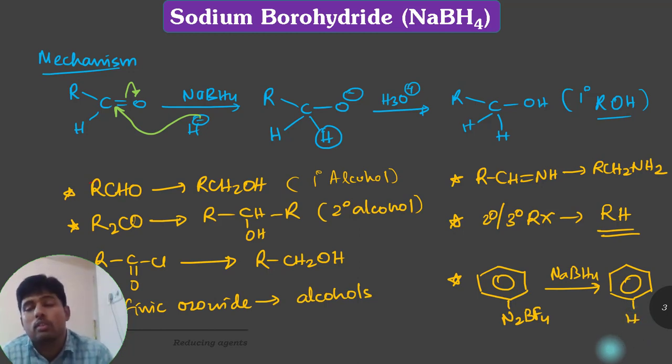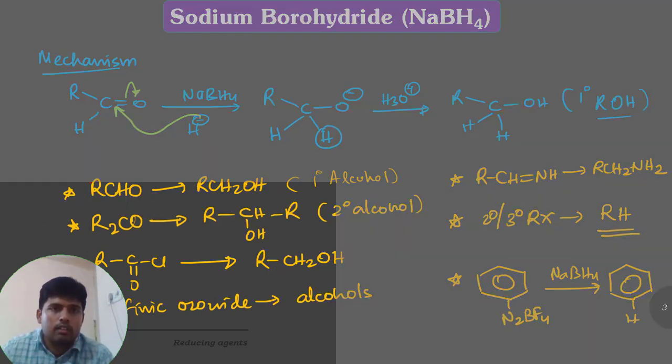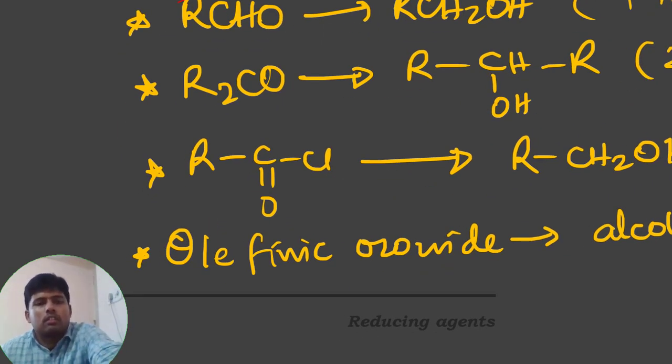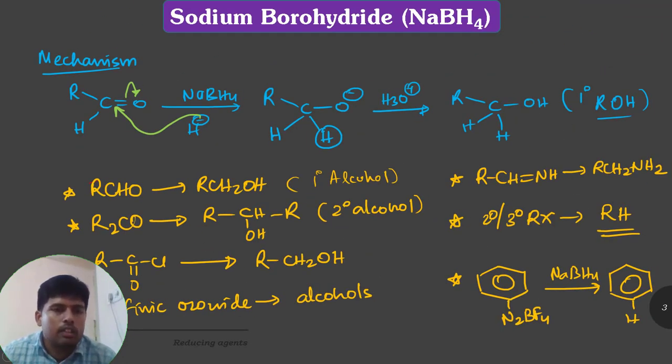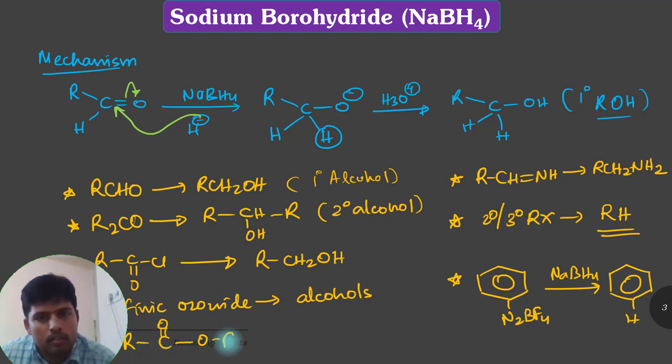Apart from all this, there is one more reaction, that is ester. This NaBH4 can also reduce ester to alcohol, but that requires the presence of a Lewis acid like lithium chloride. So we have RC double bond O, OR1 in presence of LiCl and diglime.